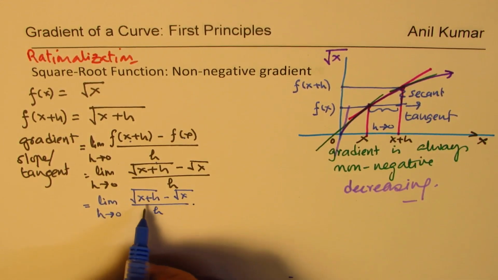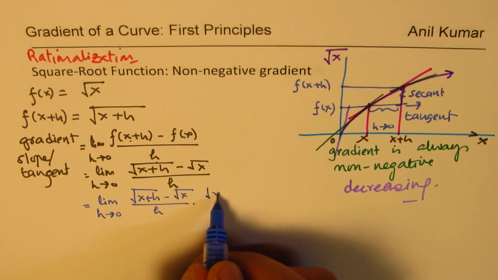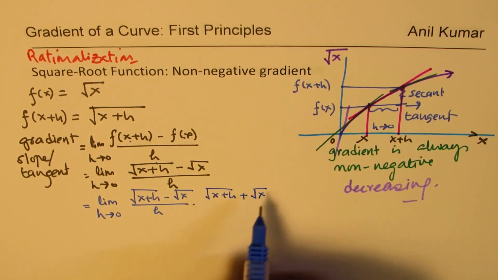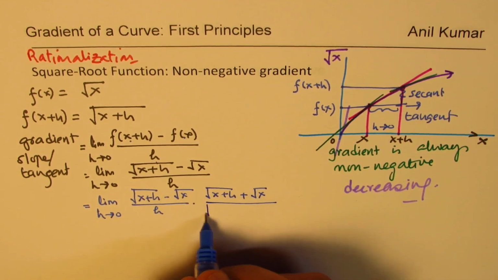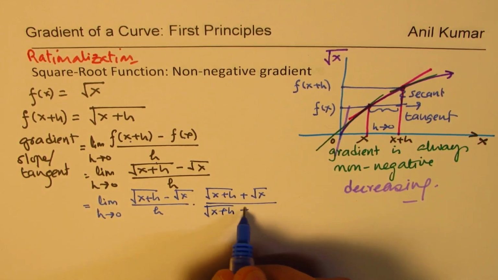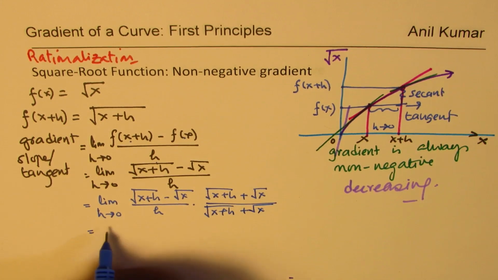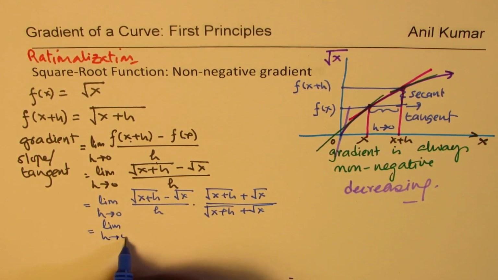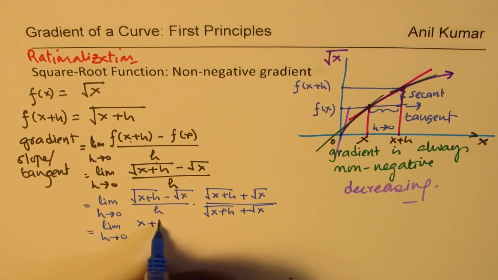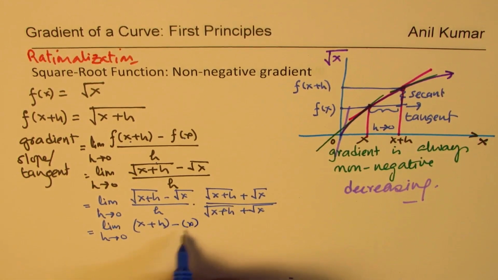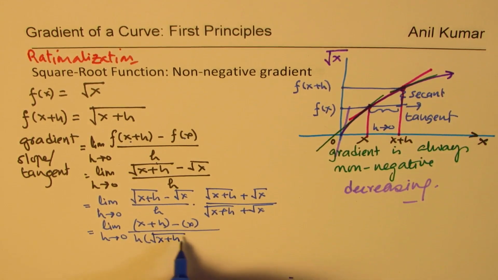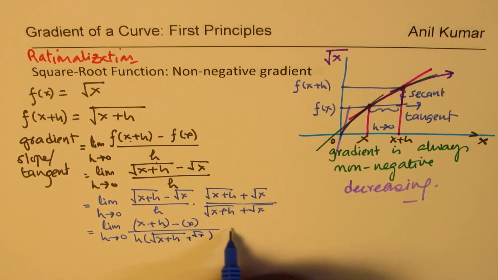We'll multiply and divide by its conjugate, which is square root of x plus h plus square root of x, over square root of x plus h plus square root of x. Now in the numerator, you're going to get difference of squares. So you get x plus h minus x in the numerator. The denominator is the product of these, so h times square root of x plus h plus square root of x, right?